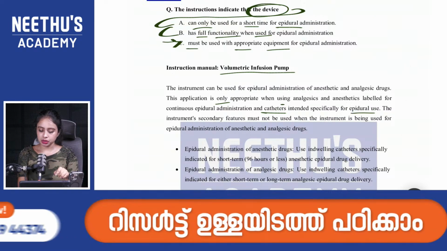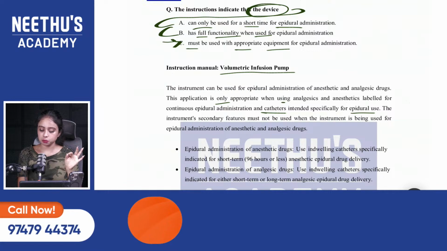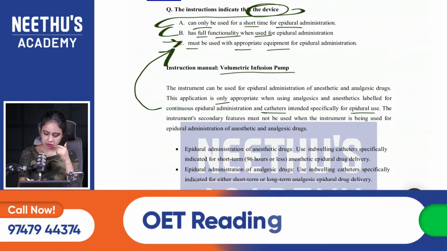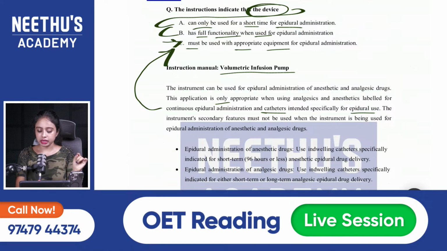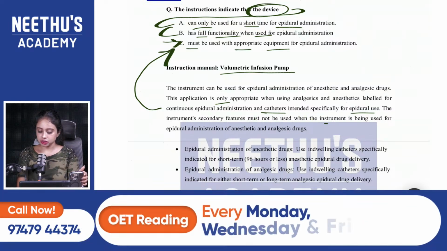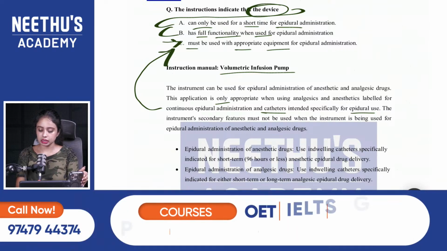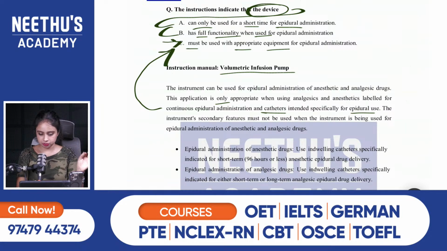So from that, they are using appropriate equipment here, that is the catheter. So maybe the answer is option C. I'm not sure. The instrument's secondary features must not be used when the instrument is being used for epidural administration of anesthetic and analgesic drugs.